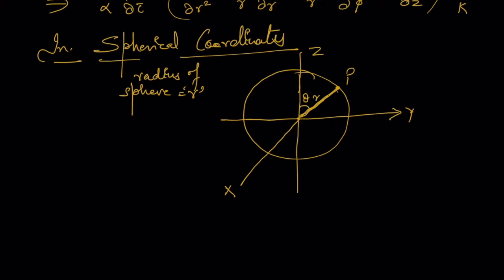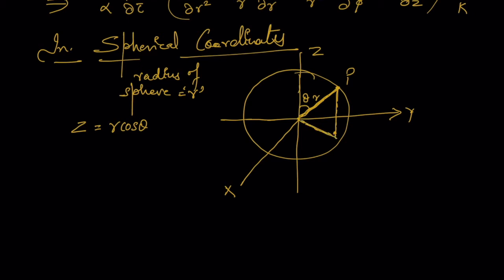It's a vertical angle; r is making a theta angle with the vertical axis, that is z. So we can write the z coordinate as r cos theta, right? And the second component, r sine theta, will be the perpendicular. This is the xy plane, and if you put a perpendicular here, this is the perpendicular, right?